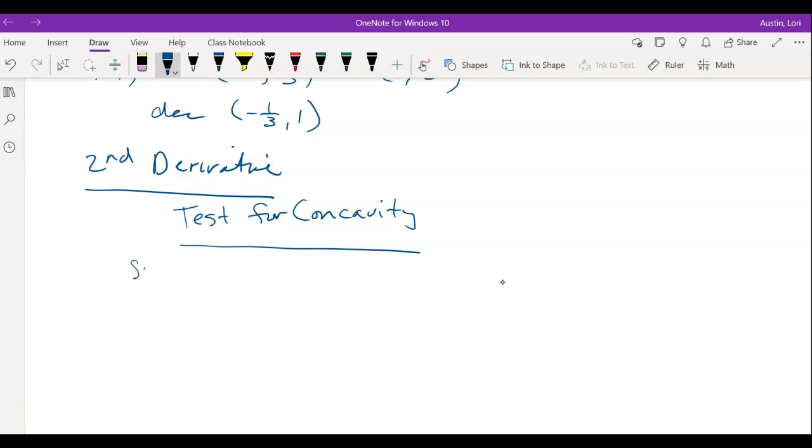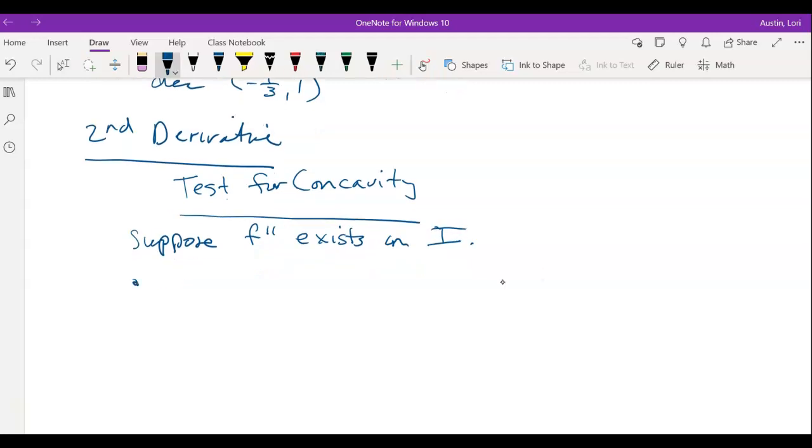So let's suppose f double prime exists. That's your second derivative on I, some open interval I. Okay, same idea. If f double prime is positive, greater than 0 means positive, then f is concave up.